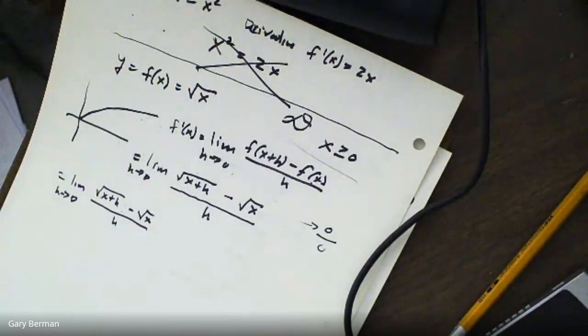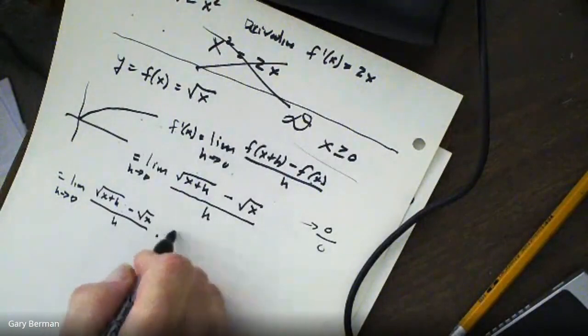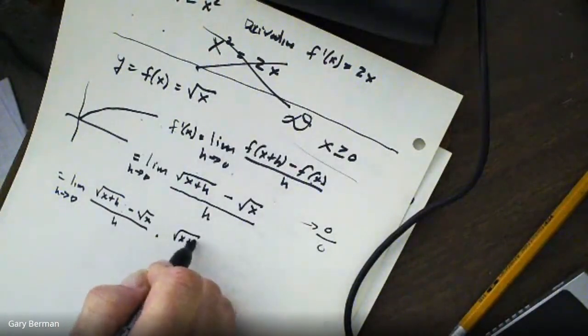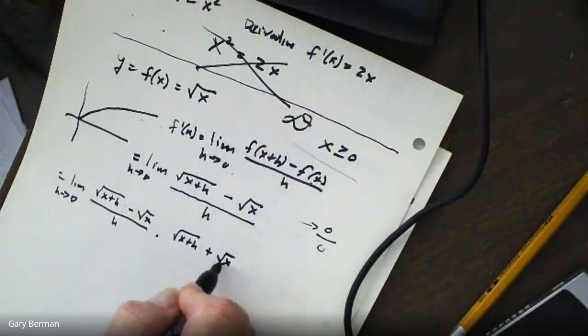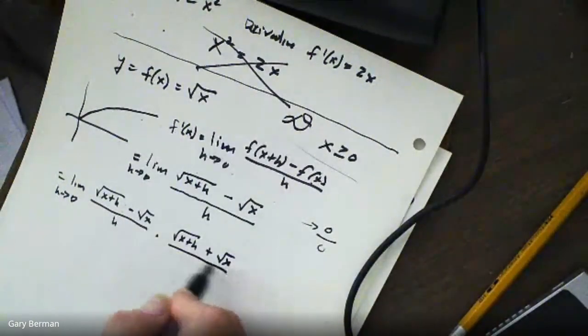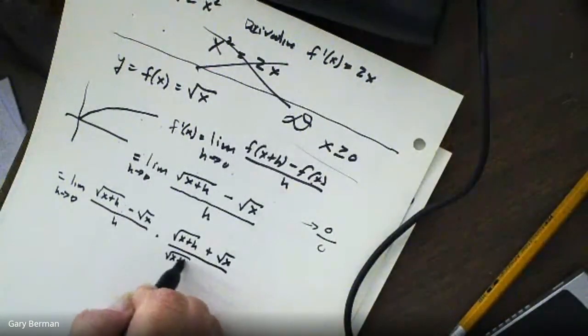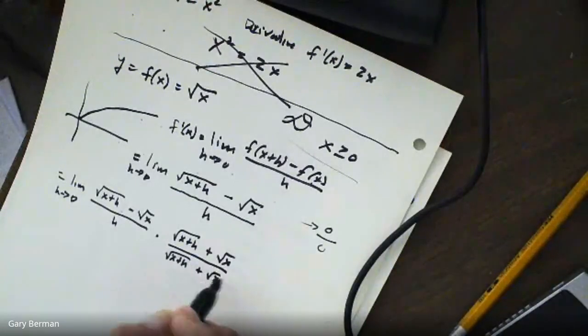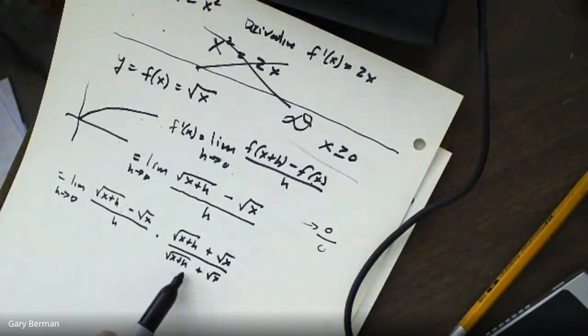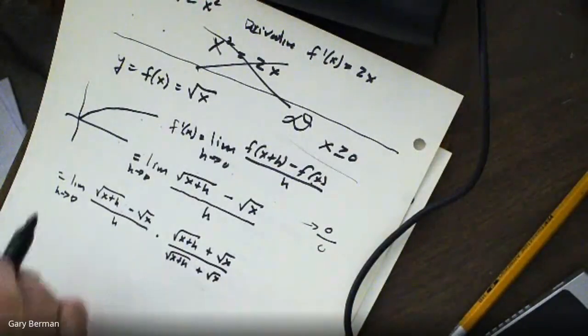Thank you, Richard. Yeah, remember I said one of the things you do with radicals is multiply by the conjugate. We're going to multiply top and bottom by root x plus h plus root x over root x plus h plus root x. That's exactly what we're going to do, multiplying top and bottom by the conjugate. You obviously multiply top and bottom by the same thing because that equals 1, so it doesn't change the value of anything. Okay.